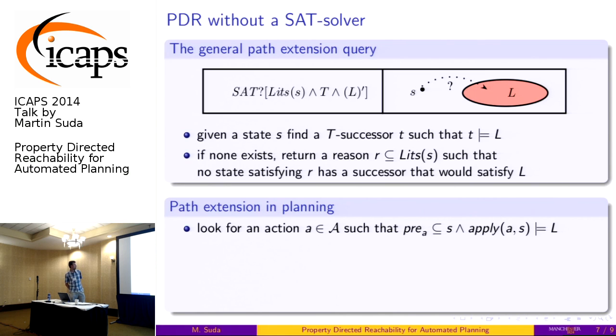What I show is that even though it seems that the SAT solver is quite important in this algorithm, and it indeed is in general, in planning specifically, in the STRIPS formalism, you actually don't need a SAT solver to conform with this contract, which is the only thing the SAT solver is required to do inside the algorithm when you treat it as a black box. And that can be explained quite simply, because I'm looking for a successor state which satisfies some additional property.